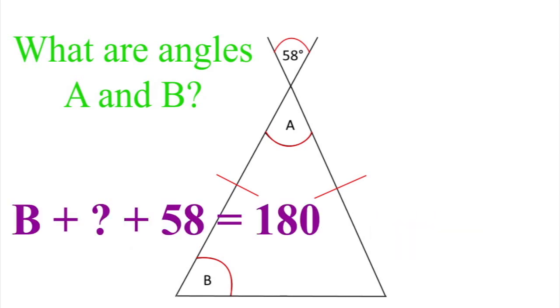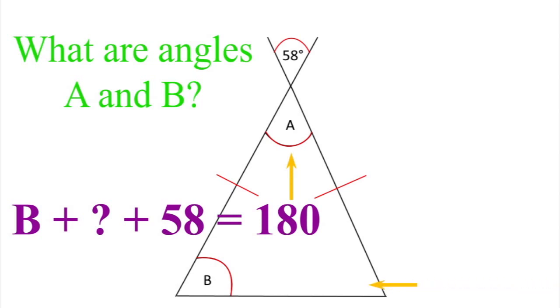B plus whatever our unknown angle plus 58 degrees, which is A, equals 180. But notice the position of A. A is between our two red strokes, which means inside the triangle A is the odd one out, which must mean that the unmarked angle and B are the same.